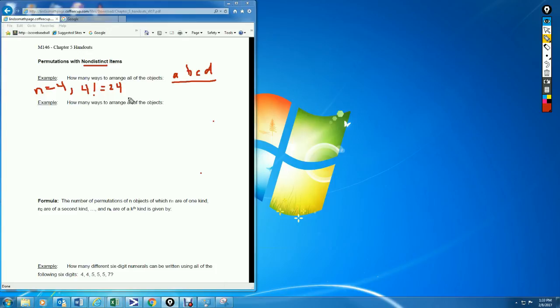I can tell them apart. So now, let's say we still have 4 objects, but 2 of them are the same. So I have the letters A, B, C, and C. So C and C are the same. I can't tell them apart. So just first of all, what do you think?